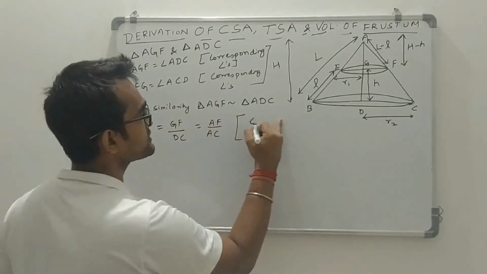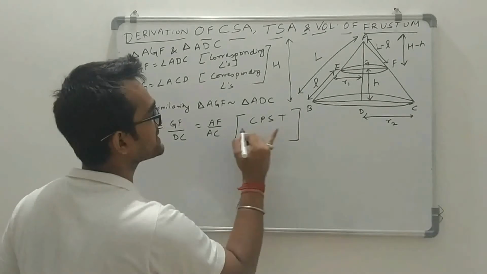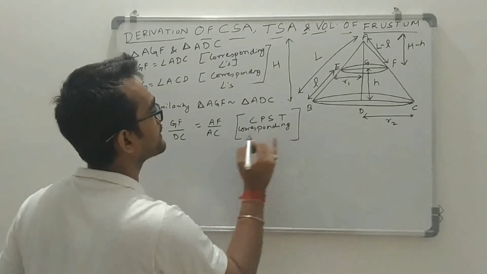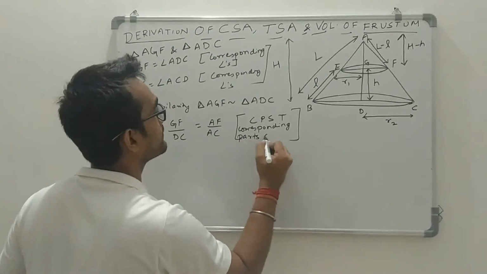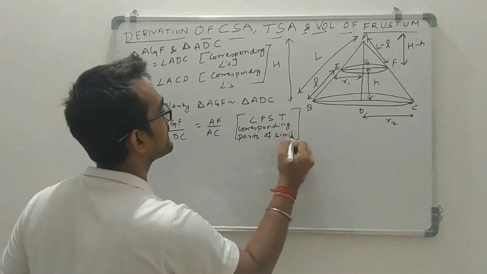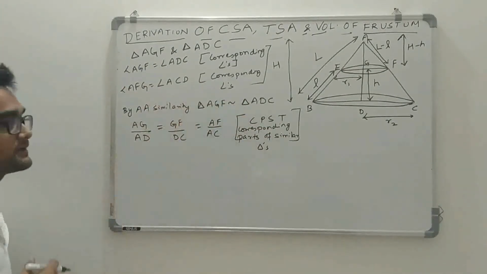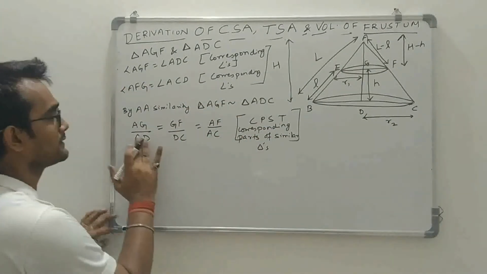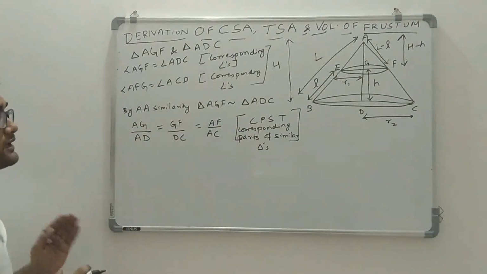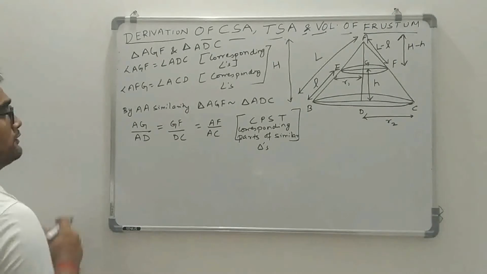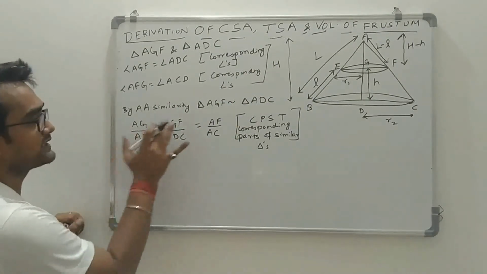This is due to CPST. What is CPST? Corresponding parts of similar triangles. So as two triangles are similar, by CPST I have got the ratio of the respective sides equal. Now, from the figure I will insert all these values.